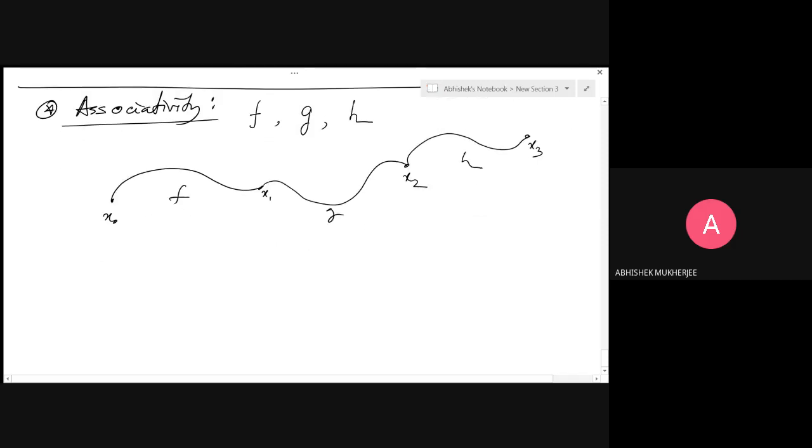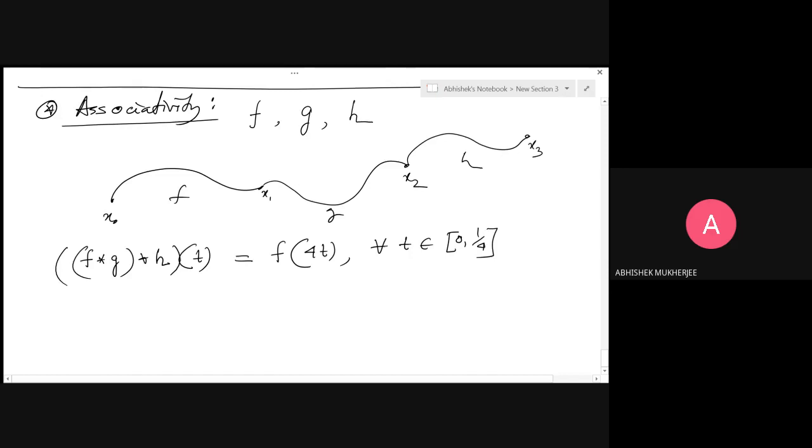Then what shall we do? Just define the products f star (g star h) and (f star g) star h. The definition will be like this. This map at t is f of 4t for all t belonging to 0, 1 by 4.